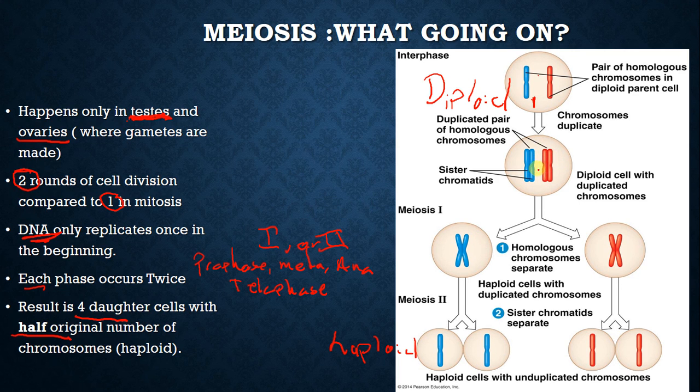Then in the first division, the homologous chromosomes, the copies of the same chromosome, separate. So after the first division, each cell only has 1 copy of each chromosome. And in the second division, those sister chromatids of the same chromosome separate, and we get 4 haploid gametes.